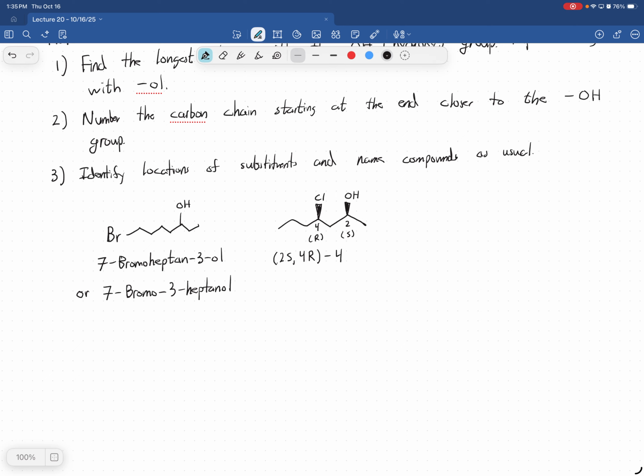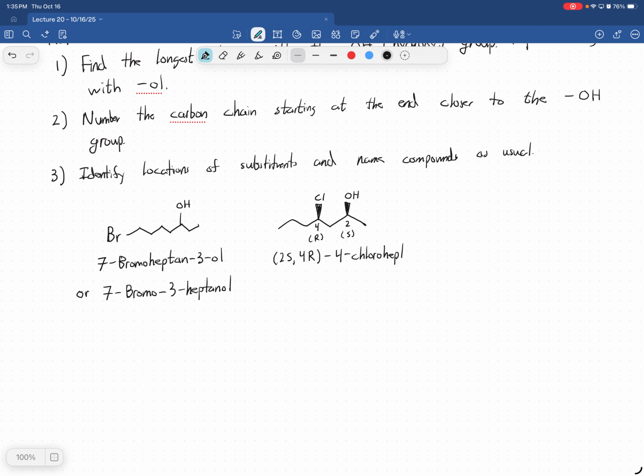Now we're going to write 4-chloro. All right. So, very similar to the first one. They're both heptanes. Okay? Which way do you guys like to write it? The first way or the second way? The second one? All right. So, just for these examples, I will write them both ways, but please write it the way you like.